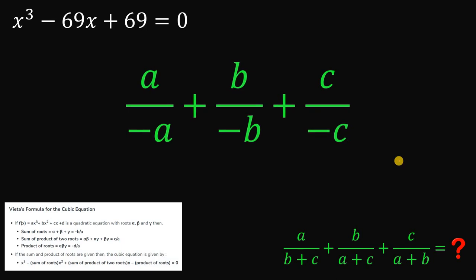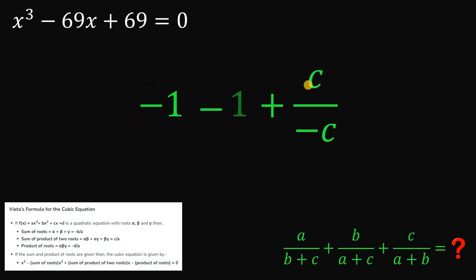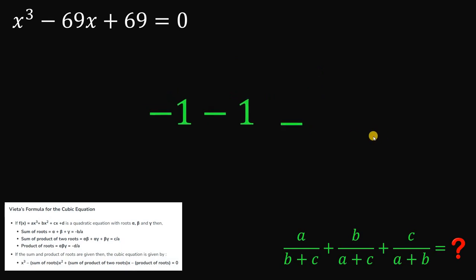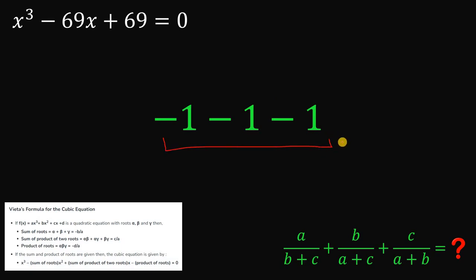Now, we are ready to simplify this expression. Because a over negative a will give us negative 1, b over negative b, again, is negative 1, and c over negative c, again, is negative 1. So you have negative 1 minus 1 minus 1, or simply equal to negative 3.